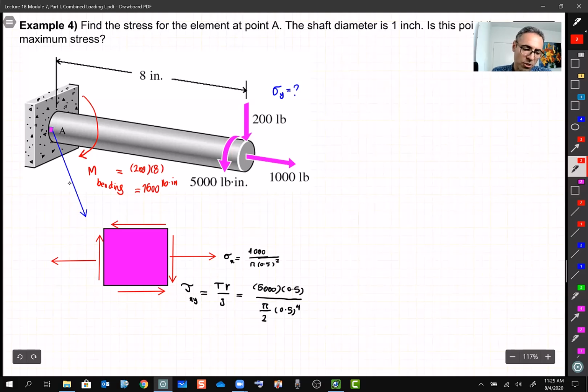Do you agree, guys, that it tries to bend this shaft? This is something that you've seen before, if you look from the side of this shaft, like the side view.